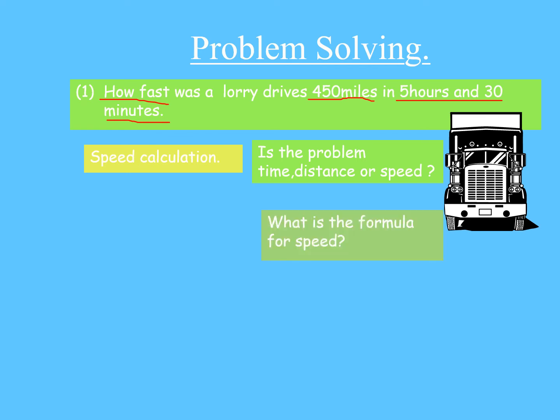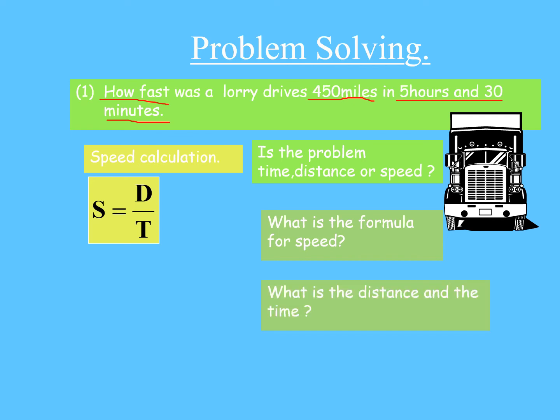What is the formula for speed? Speed is equivalent to distance divided by time. And what is the distance? So we are going to supply our formula. Distance is equivalent to 450 kilometers. And then what is our time?